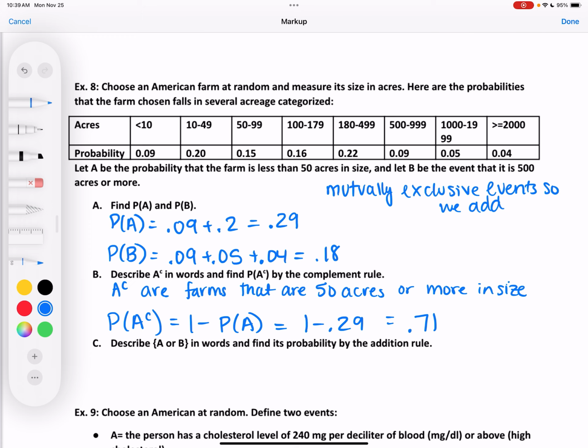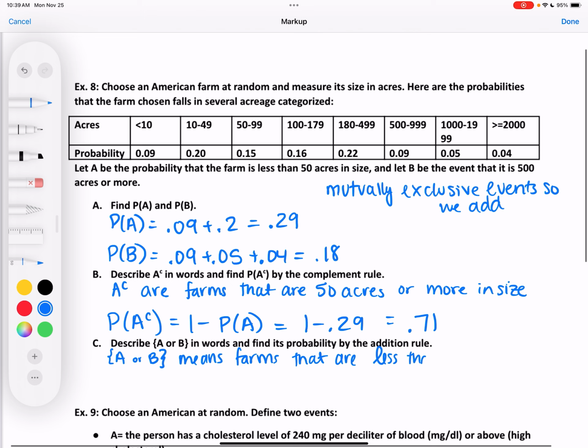Farms that are less than 50 acres and more than 500. Yep. So it's just A or B means farms that are less than 50 acres or 500 plus acres.